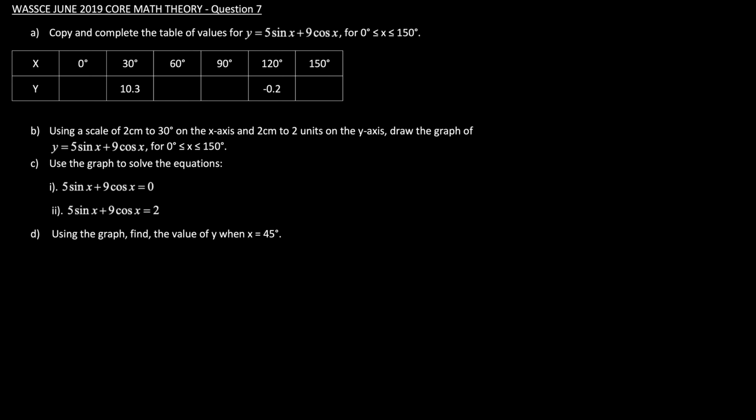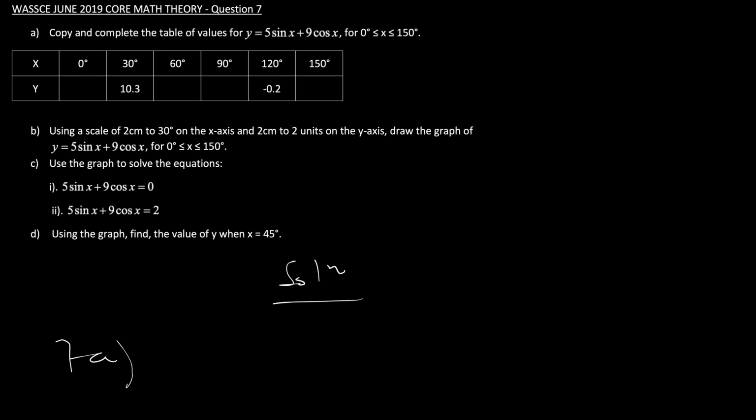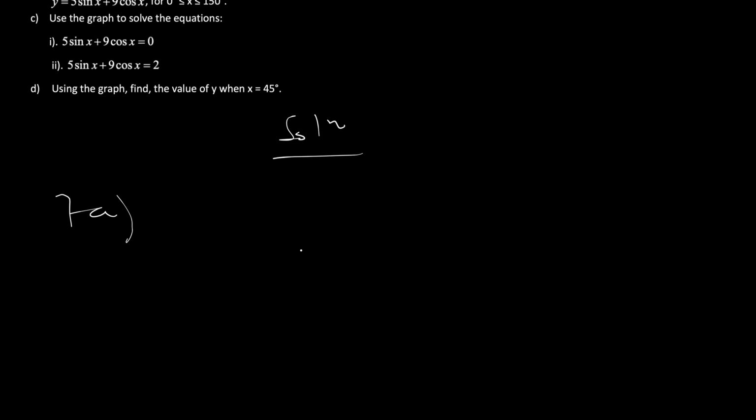So let's begin with the solution for question 7. Question 7a, we are to copy and complete the table for y = 5 sin x + 9 cos x.